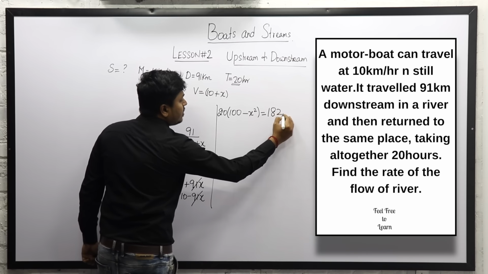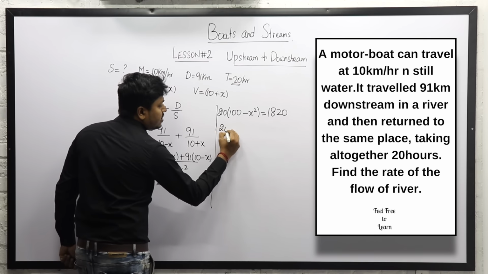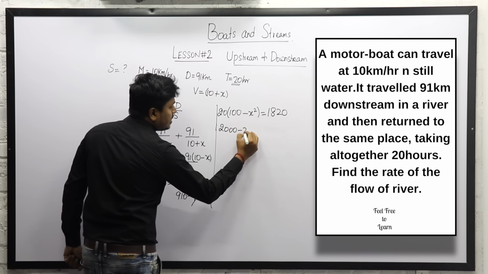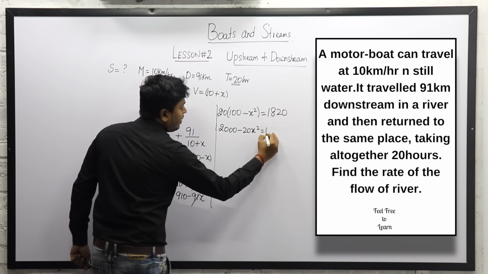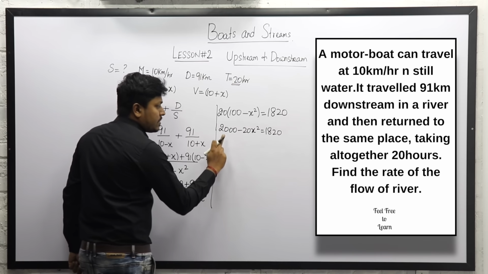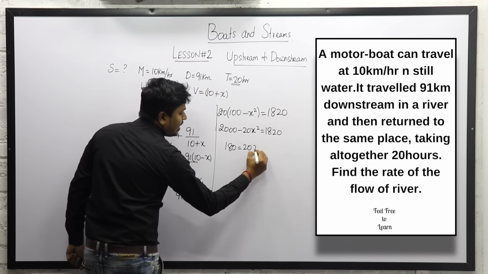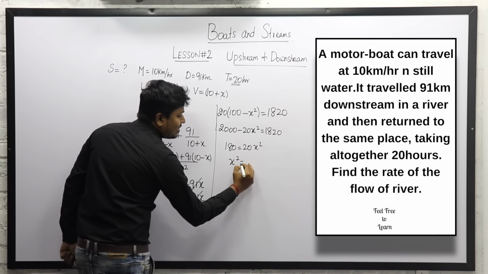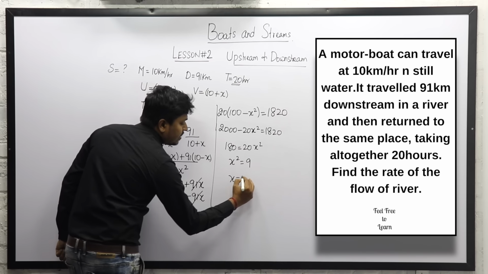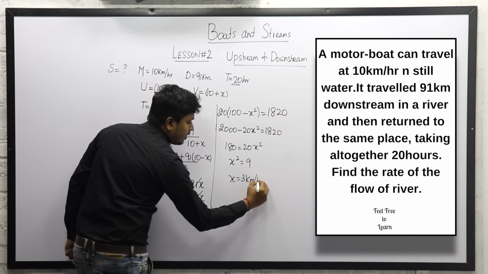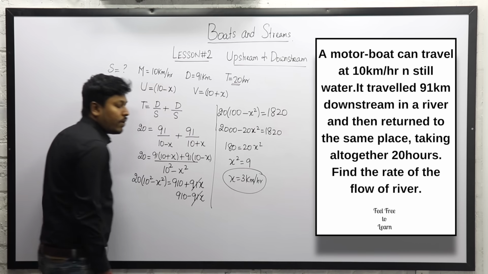Now we can multiply this: 20 into 100 will be 2000, so 2000 minus 20x square is equal to 1820. So finally 2000 minus 1820 will be 180. So 180 is equal to 20x square. So x square is equal to 9, so x is equal to 3 km per hour, which will be the speed of the stream.